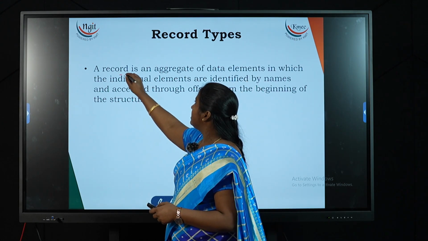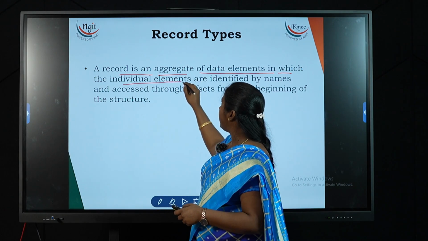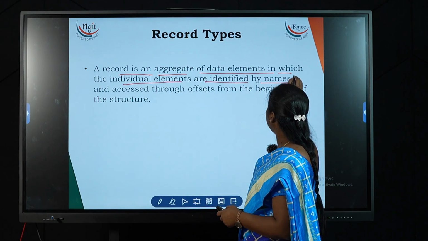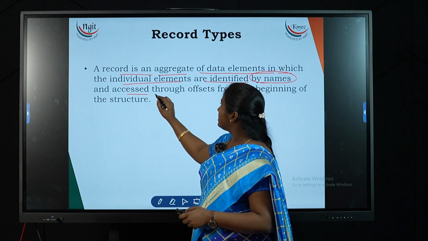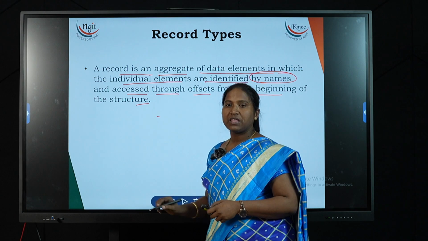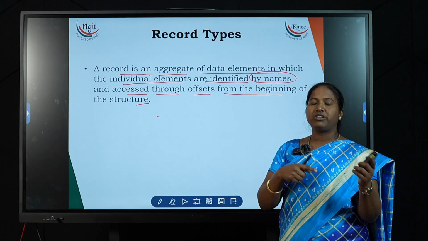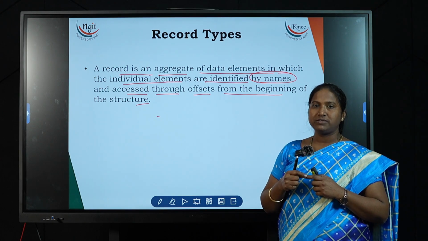So a record is an aggregate of data elements in which the individual elements are identified by names and accessed through offset from the beginning of the structure. The definition seems the same as for arrays and associative arrays.